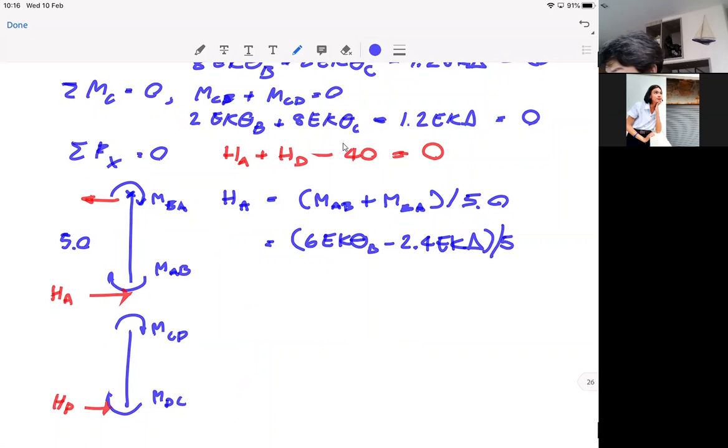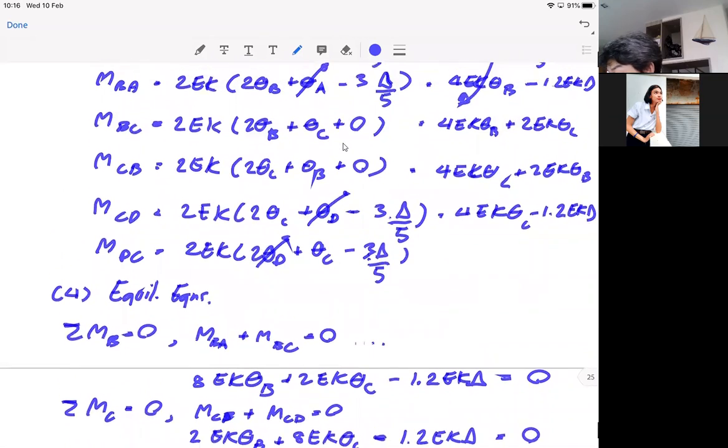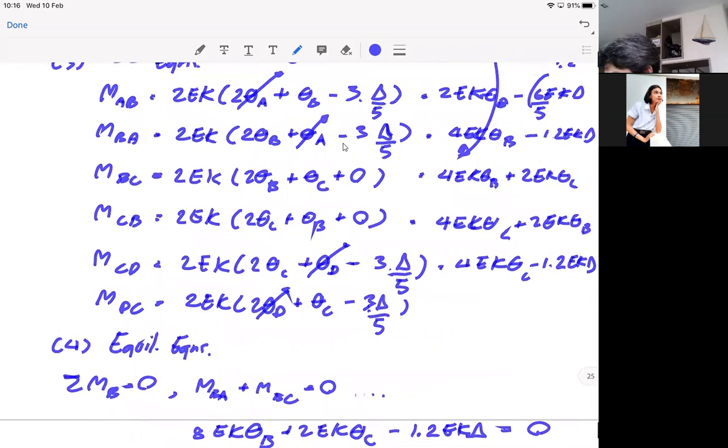Okay, and then likewise, HD is equal to MCD plus MDC divided by 5. And you know, it's the same column and the same stiffness, so you can expect the equation of HA and HD to look rather similar. It has some relationship. Right here, it's 2 EK zeta C minus 1.2 EK delta, right?